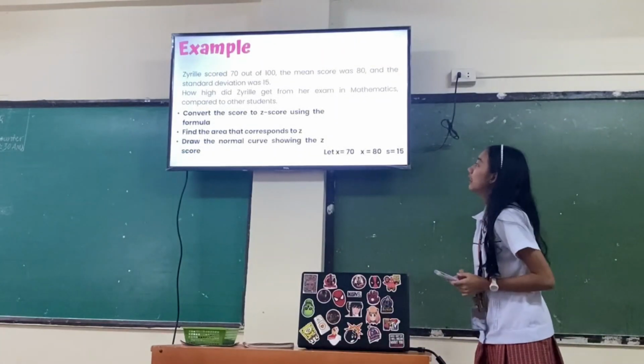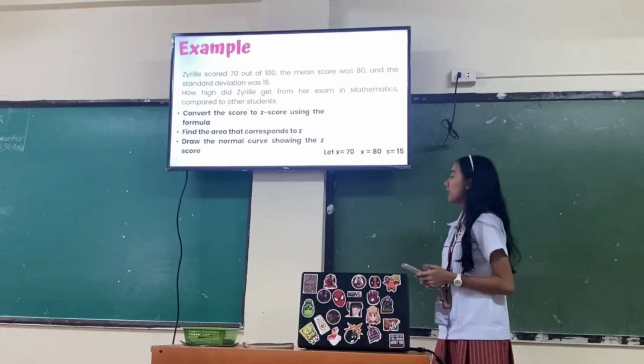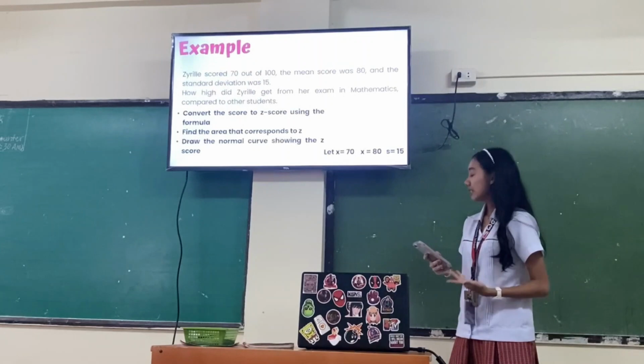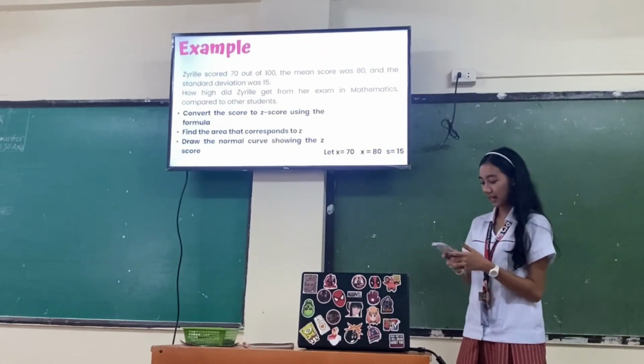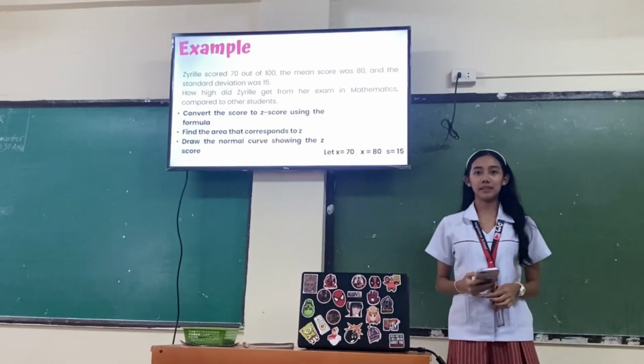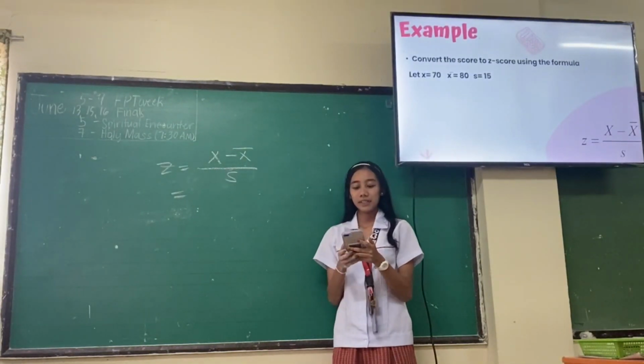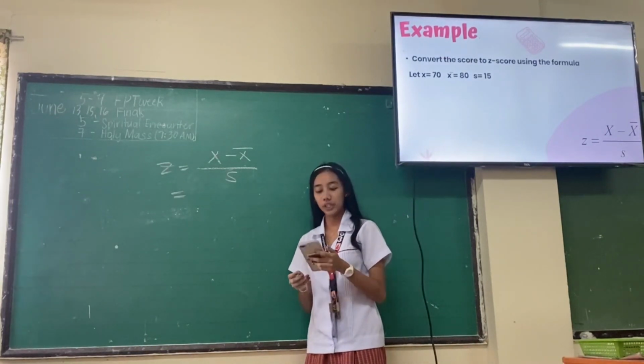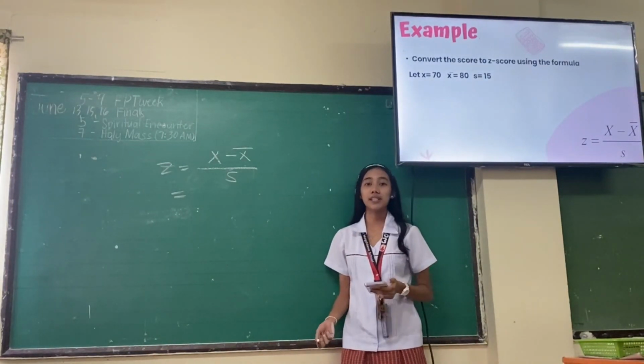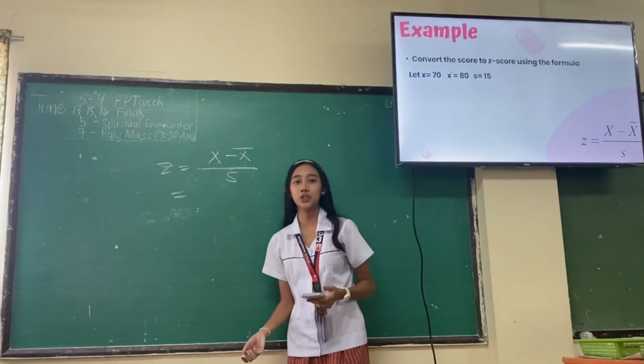And now, let the raw score be 70, the sample mean 80, and the standard deviation 15. So to answer this question, let's reiterate that Zaire scored 70 out of 100. The mean score was 80 and the standard deviation was 15.